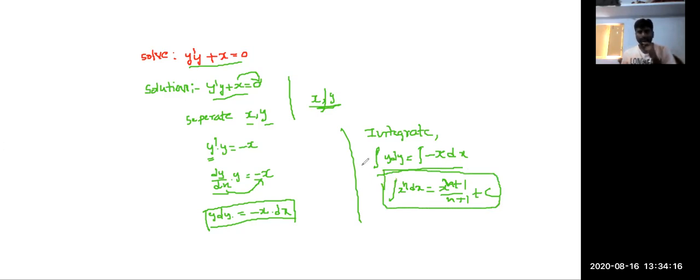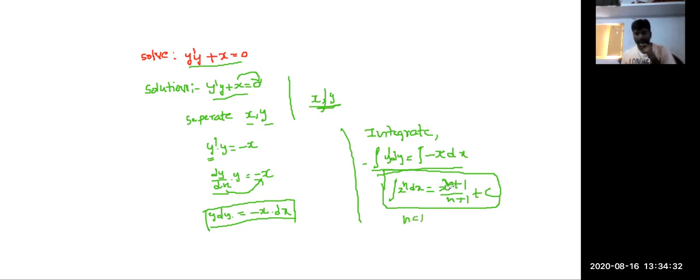So by applying the standard formula, integral of y dy becomes, here y is power 1, so n equals 1.